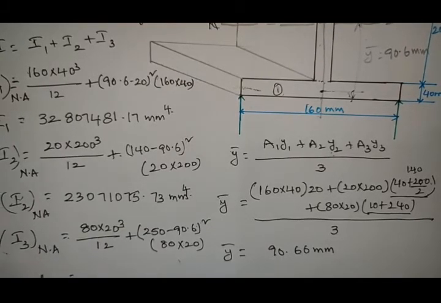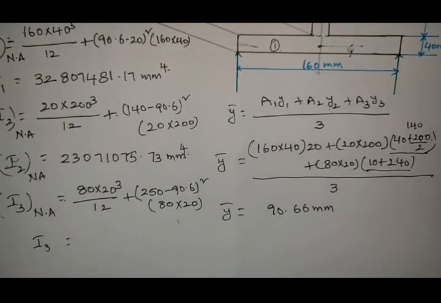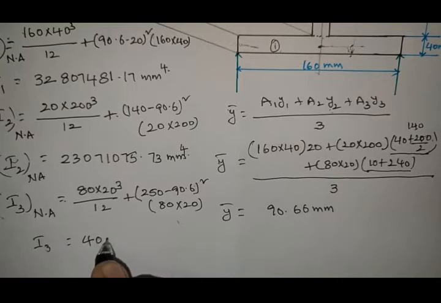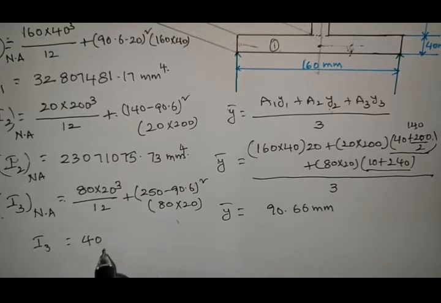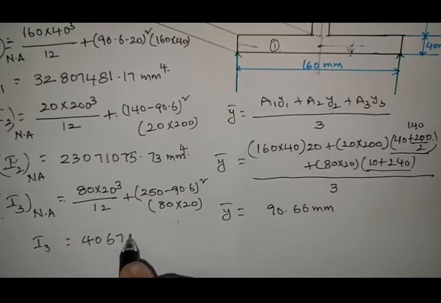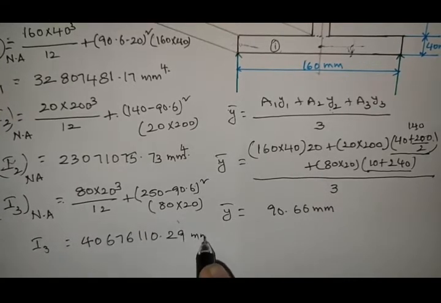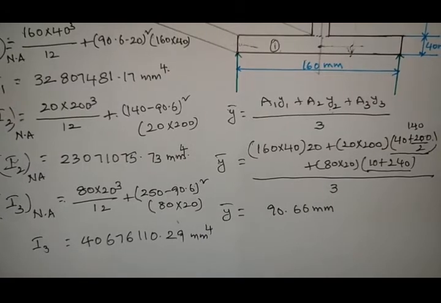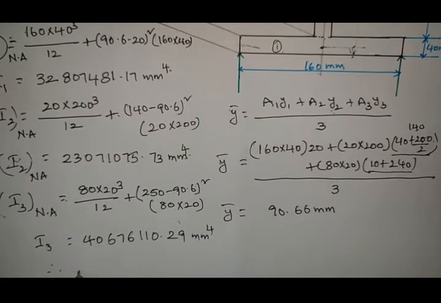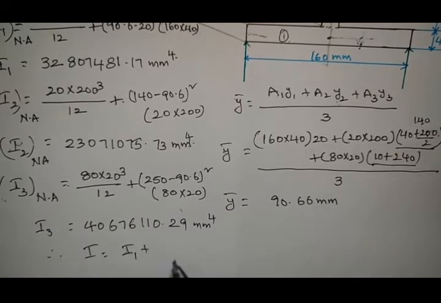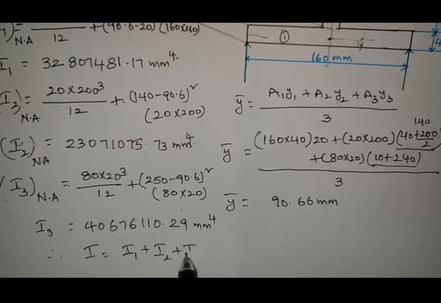So now we will get the I3 value. So that I3 will be equals to 4067610.29 mm power 4. So therefore total moment of inertia I equals to I1 plus I2 plus I3.